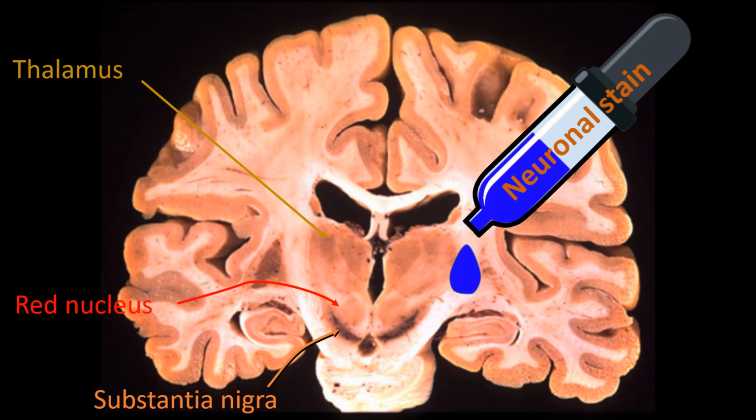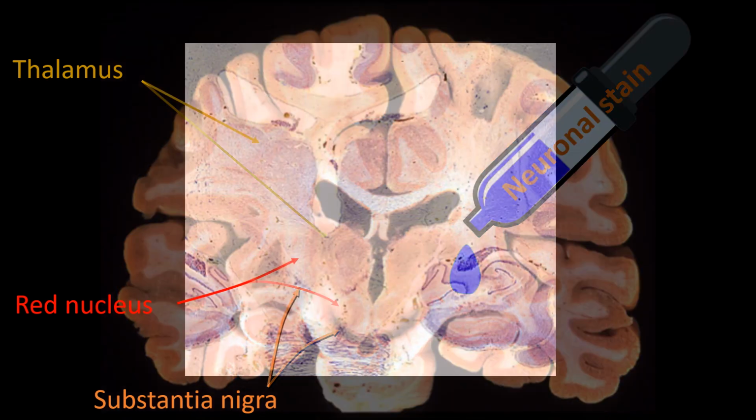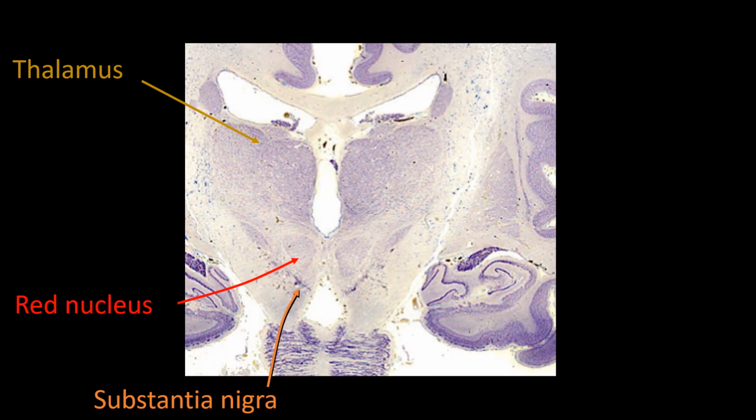We must now use a neural stain to impregnate the tissue. As you can see in this frame, to be able to see 4 less well delineated structures than the 3 we have just mentioned.